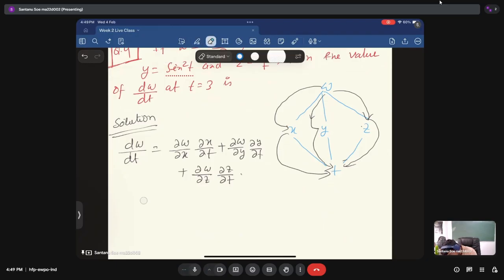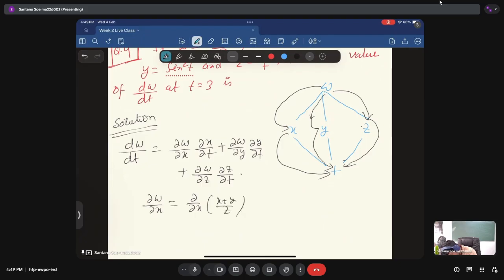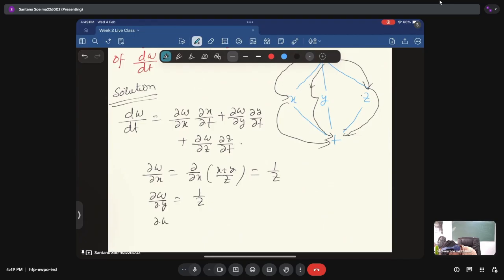So now see that del w by del x is nothing but del by del x of (x plus y) by z, and this is nothing but 1 by z. Similarly, del w by del y is also 1 by z, and del w by del z is nothing but minus of (x plus y) divided by z square.